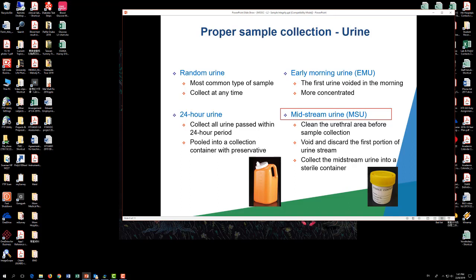The patient should clean the urethral area before sample collection to avoid any contamination from the skin flora. And the patient should void and discard the first portion of the urine stream and then collect the midstream urine into a sterile container.